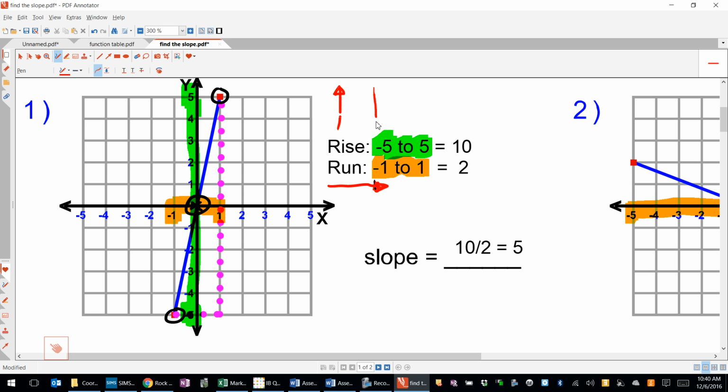If you have a rise that is an uprise, you will end up having a positive value. If you have a down rise or a drop, you will have a negative value of rise. So if it goes up, you get positive. If it goes down, you get negative.